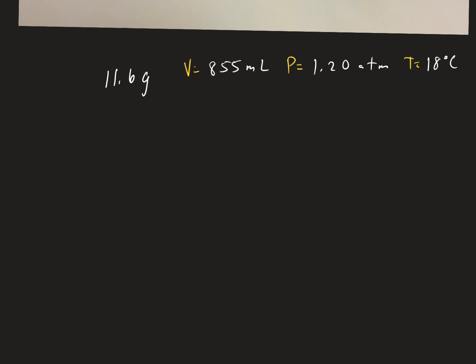So n is going to be PV over RT, right? Once we get the number of moles, we already have the grams. So how do you find molar mass? Grams per mole. So it's going to be 11.6 divided by the number of moles. Does that make sense?